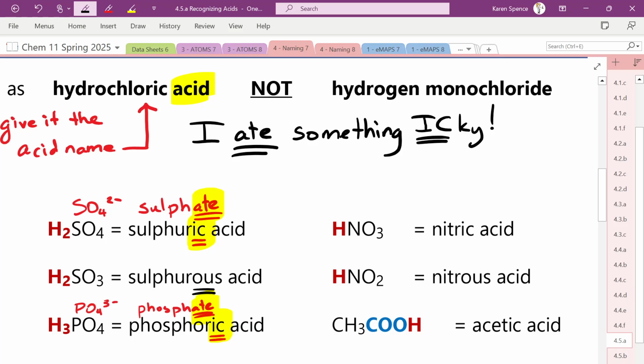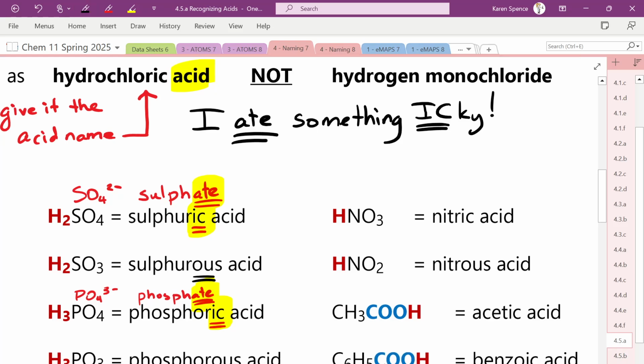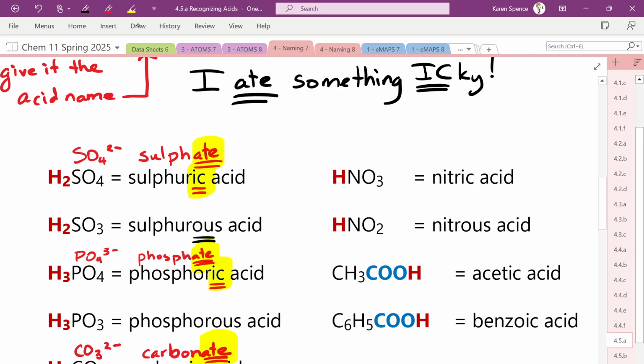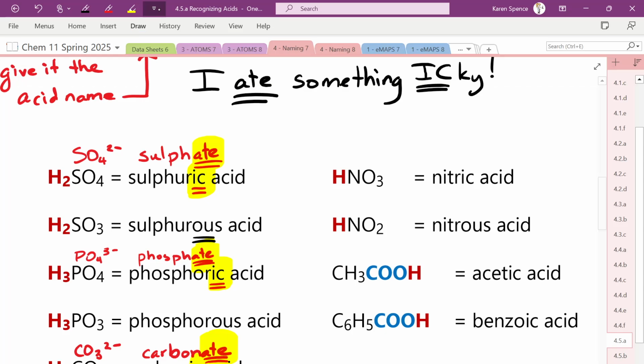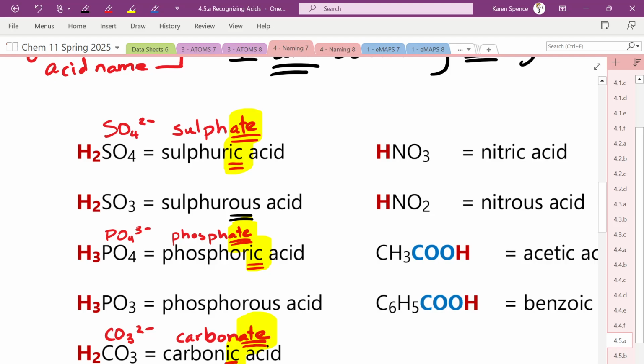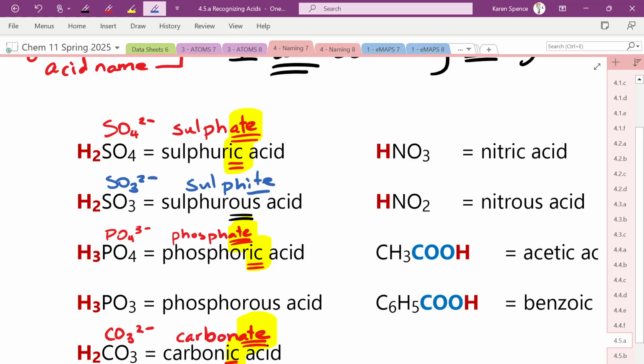Now, how about those ous? What is the name? Yeah, we have SO3 2-, which is sulfite. Okay, so ite becomes ous. So how are we going to remember that one?